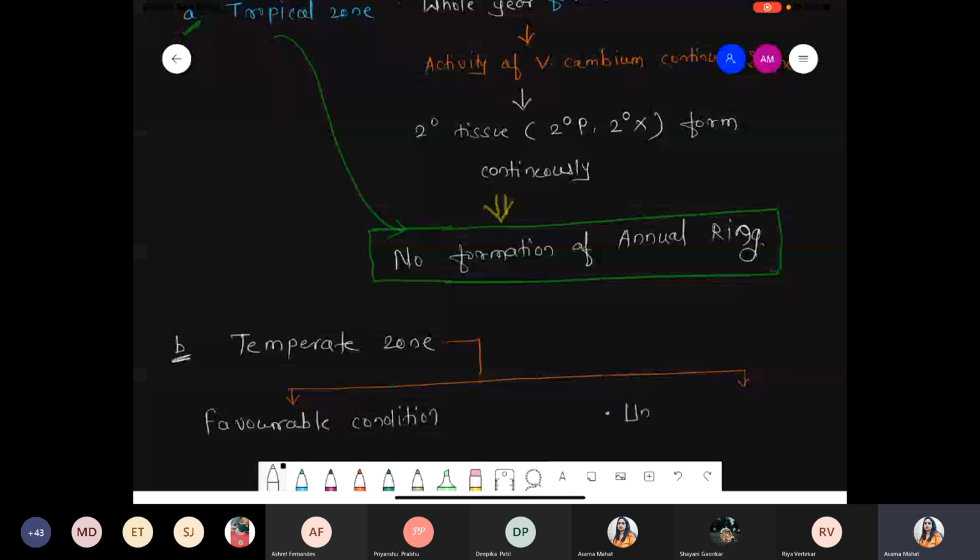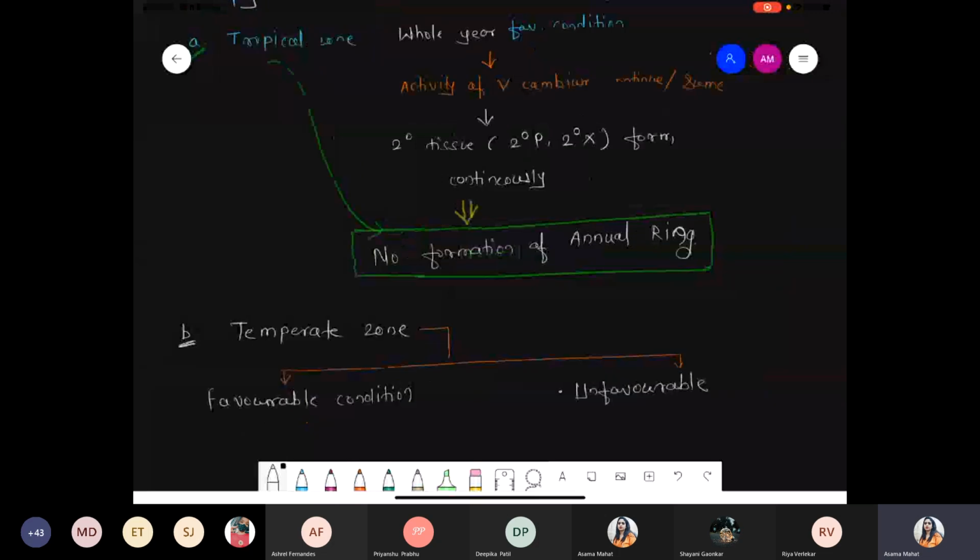So both conditions are present, because temperate zone means two environmental conditions throughout the year. The environmental condition is not constant, there are continuous changes. So in the temperate zone we can observe favorable as well as unfavorable conditions. That's why the activity of the vascular cambium changes according to the environment, and these are the regions favorable for annual ring formation. So a simple straightforward question: annual ring gets formed in the temperate zone.